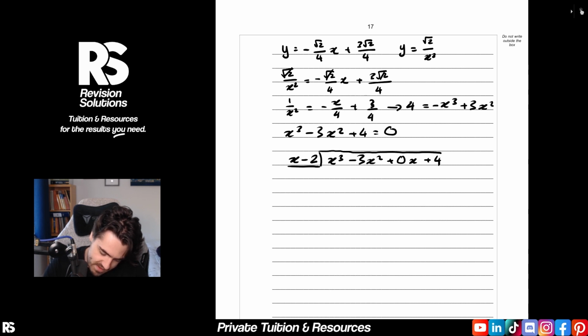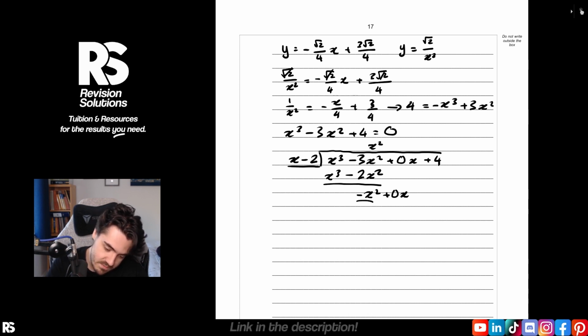Doing that, x cubed divided by x leaves us with x squared. Multiplying through, x times x squared is x cubed, minus 2 times x squared is minus 2x squared. Subtracting off, x cubed disappears, minus 3 minus minus 2, so plus 2 lots of x squared, would be minus x squared. I'm just going to write this plus 0x down here for reference. Now we divide through again: minus x squared divided by x is minus x.